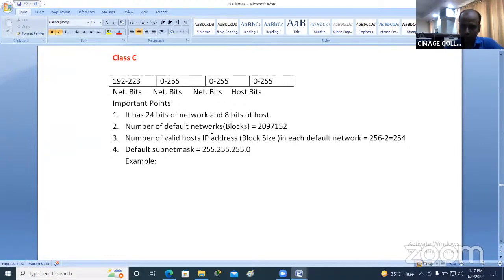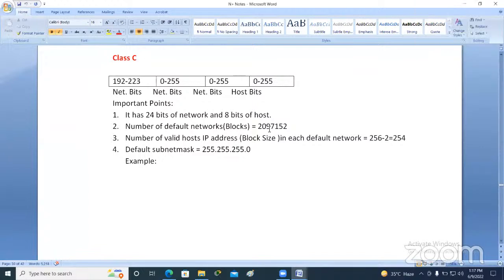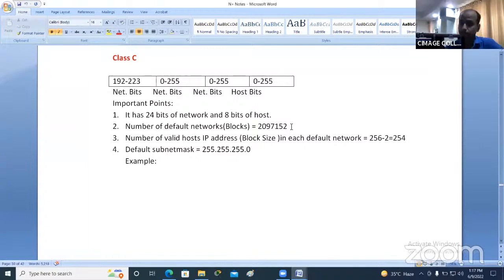The total number of networks is 20,97,152. How does this value come? I'm going to do the calculation. Look, 192 to 223, the total value is 32.